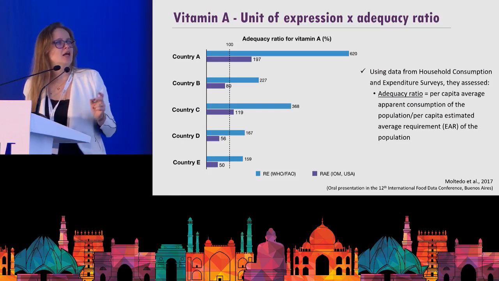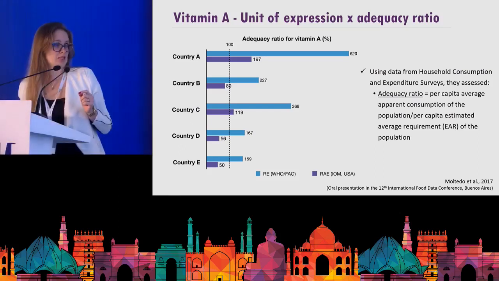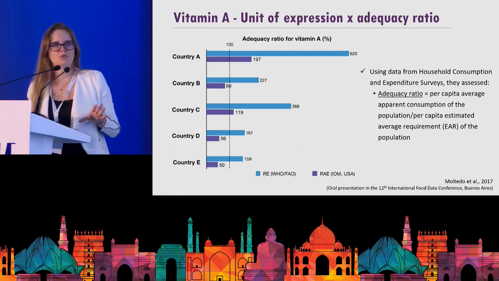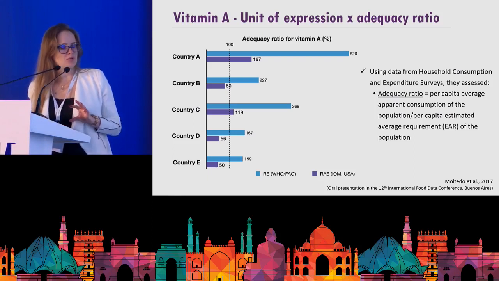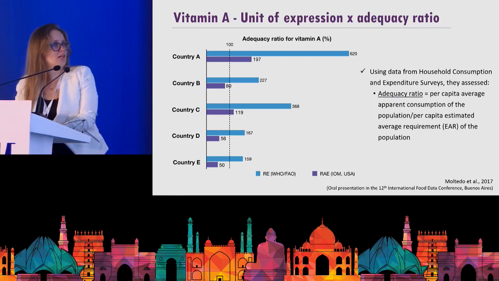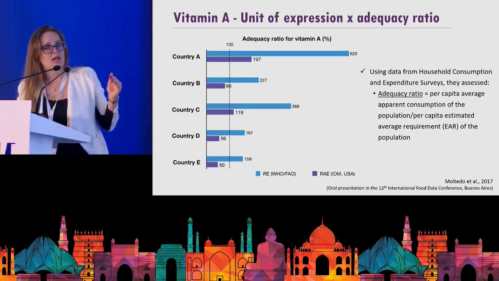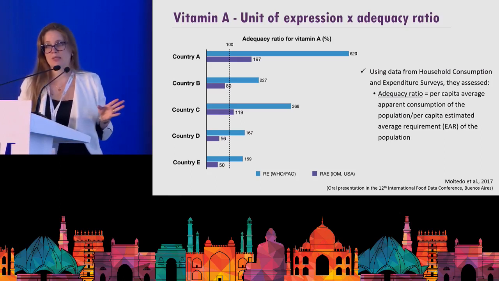We can see here in blue, we have the estimations with retinol equivalent, and in purple with retinol activity equivalent. And we can see that the adequacy ratio is quite different when we use one or the other unit. And when we use retinol activity equivalent, in 3 out of the 5 countries, the adequacy ratio was below the recommended intake, meaning that it was less than 100%.